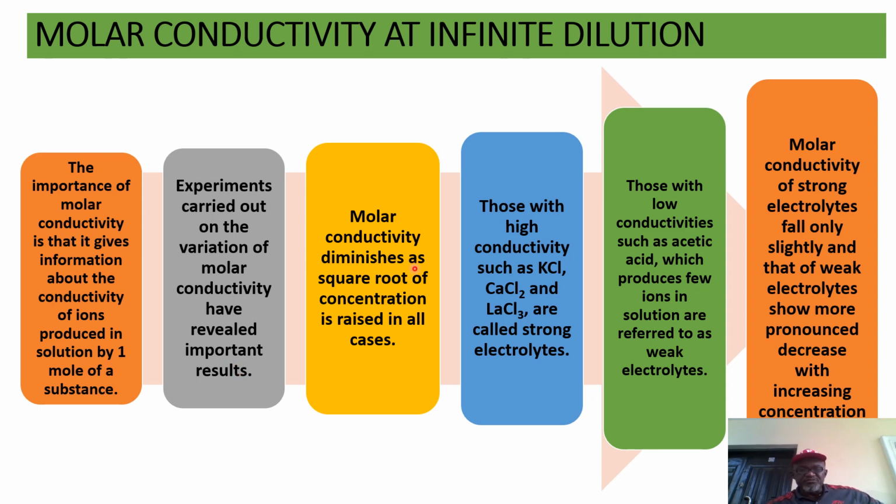Molar conductivity diminishes as the square root of concentration is raised. Those with high conductivity, such as KCl, are called strong electrolytes. I said we are going to meet strong and weak electrolytes. And those with low conductivities, for example, acetic acid, are referred to as weak electrolytes.